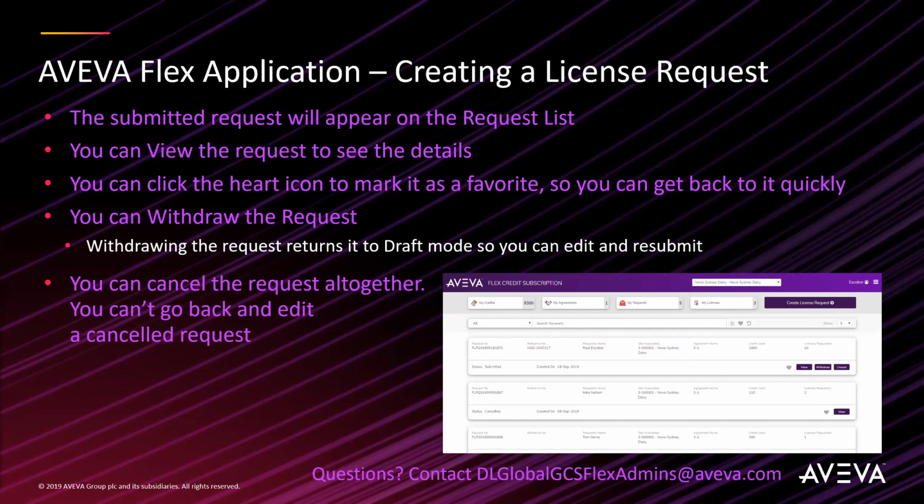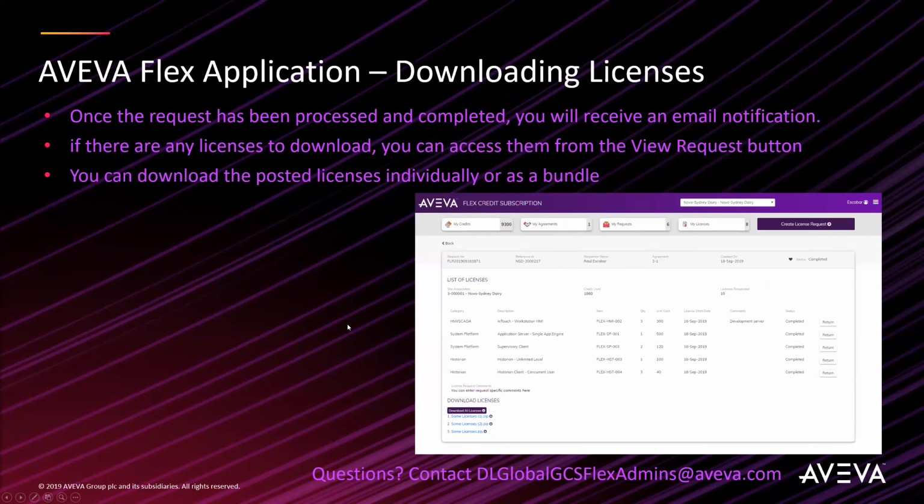He'll also see it when he brings it up that it was in a status of withdrawn, so that he knows not to go ahead and process that request. You can also cancel. If you cancel it, it just basically trashes it. You can't go back and edit it. But you can create another one and resubmit.